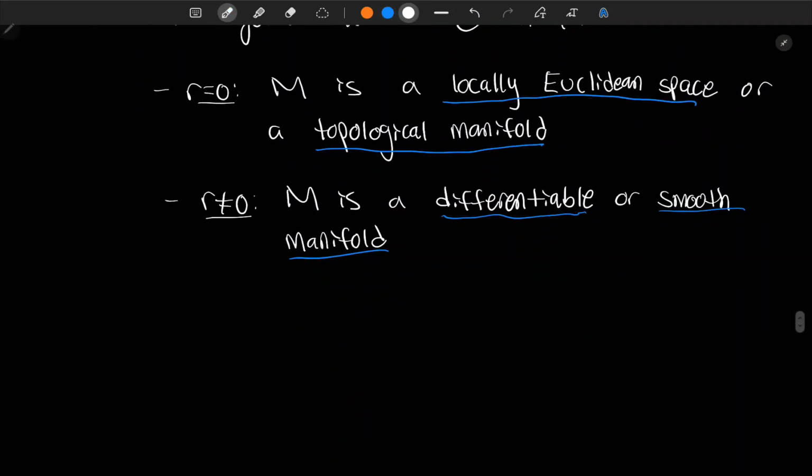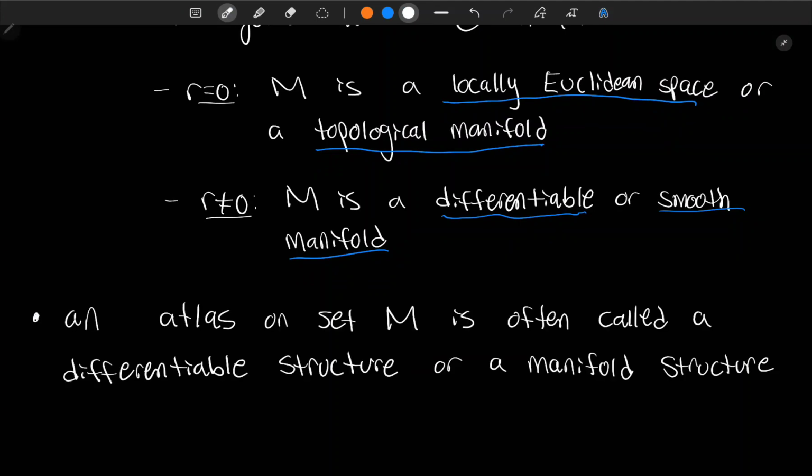And as a quick note about definitions, an atlas on a set M is often called a differentiable structure or a manifold structure. So when we say a set M has some differentiable structure, that differentiable structure is really a CRn atlas, as we had defined above.